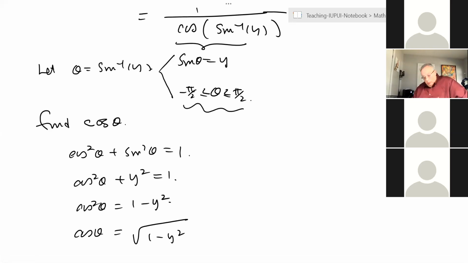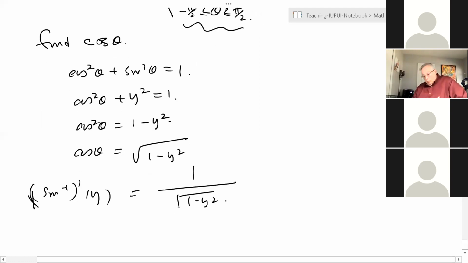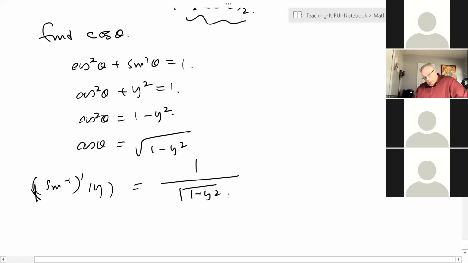All right, so we found the cosine theta. That gives me the derivative. It's going to be this. This looks much better. Very interesting. I'm not able to express the inverse function of sine using well-known elementary functions like sine and cosine, so we have to view it as a brand new function and keep the notation sine negative 1.